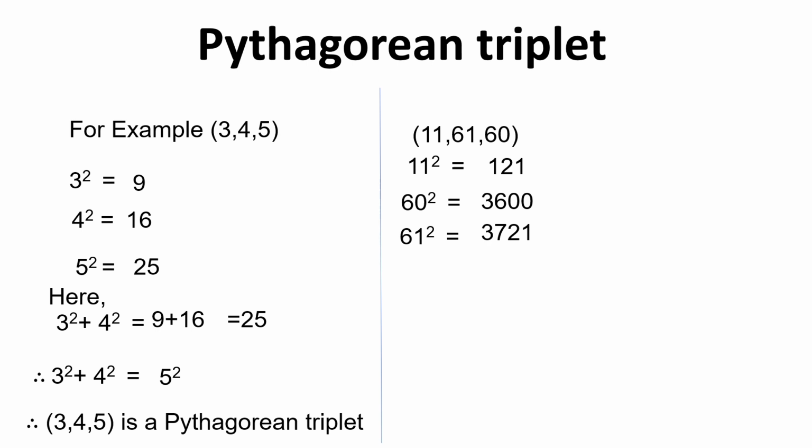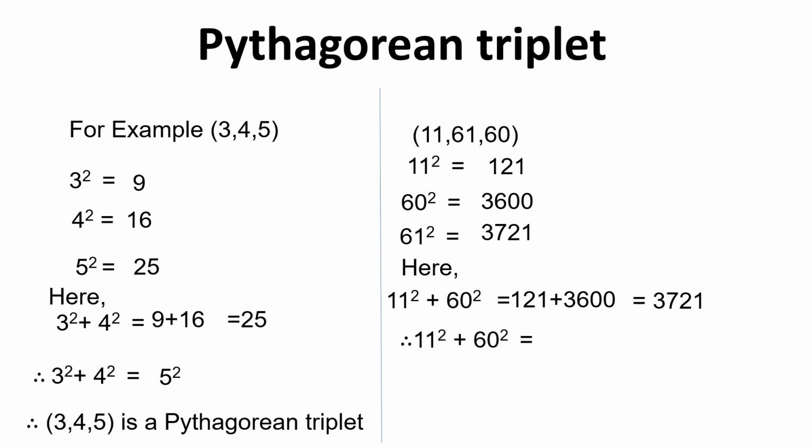Now find out the relation here. 11 square plus 60 square is equal to 121 plus 3600 is equal to 3721, that is equal to 61 square.